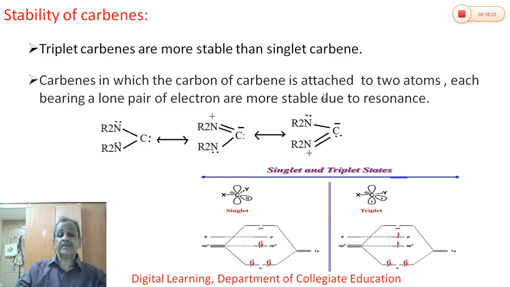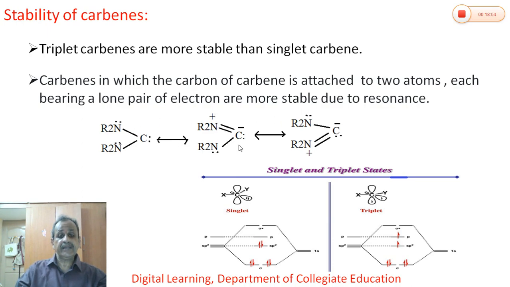Carbenes in which the carbene carbon is attached to two atoms each having a lone pair are more stable due to resonance. For example, if you have this type of carbene where there are two substituents which are nitrogen atoms, lone pairs of electrons are present on them. When such a situation arises, due to resonance, this carbene is more stable.